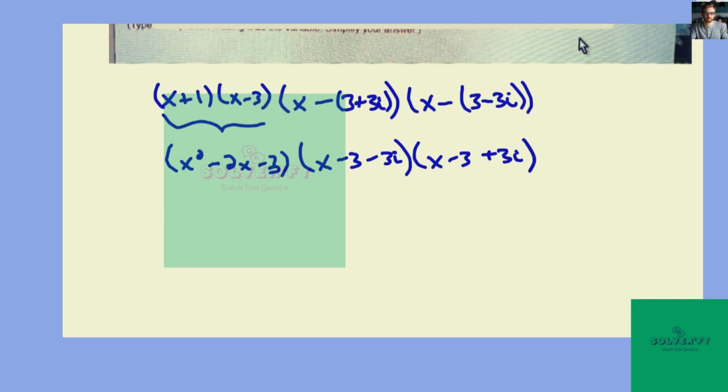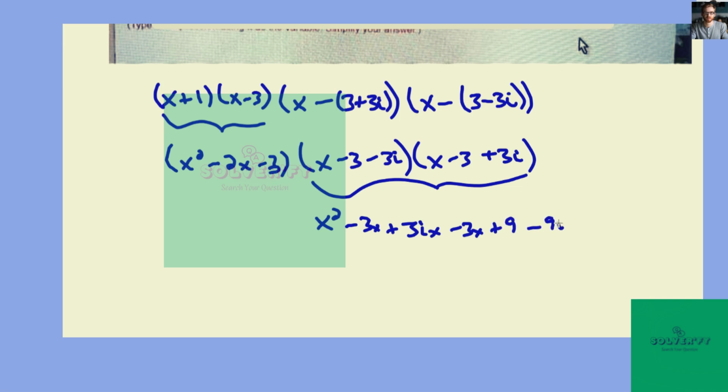We can multiply these two together. Distribute the x, you get x squared minus 3x plus 3ix. And then distribute the negative 3 to get minus 3x plus 9 minus 9i. And then distribute the negative 3i, you get minus 3ix plus 9i minus 9i squared, which is plus 9.